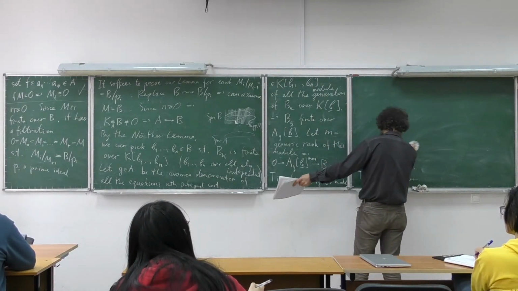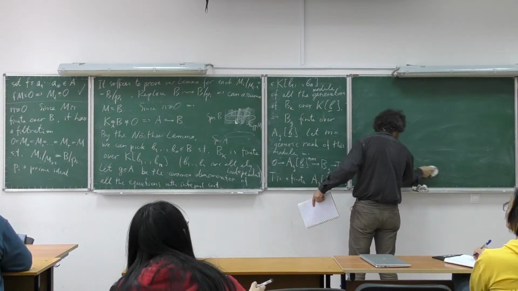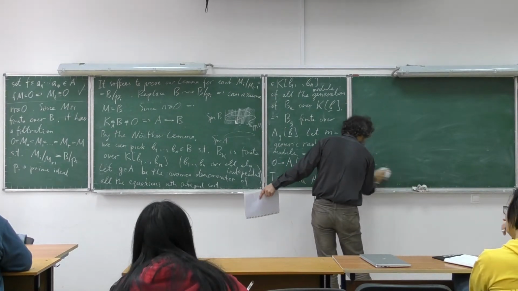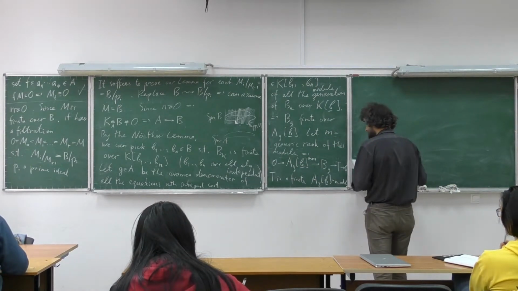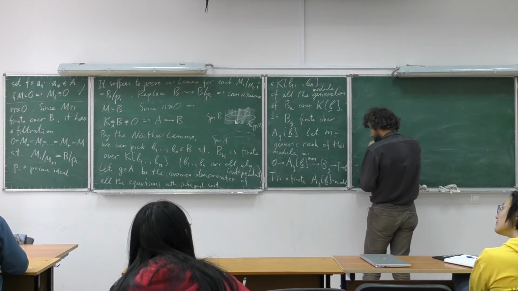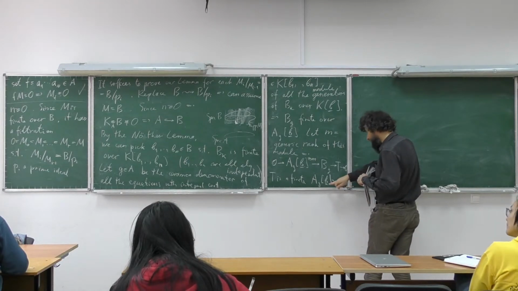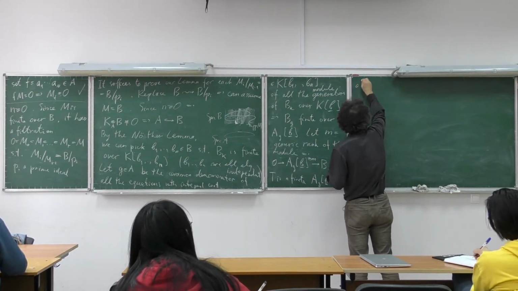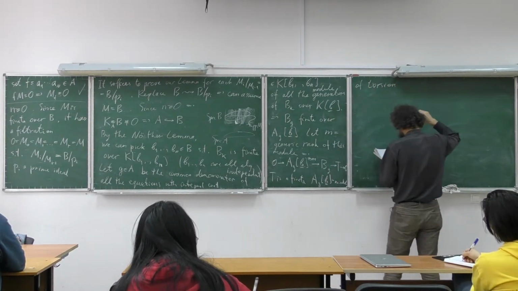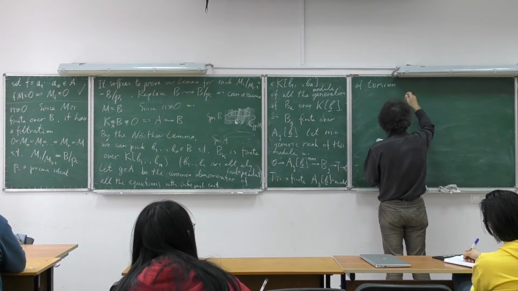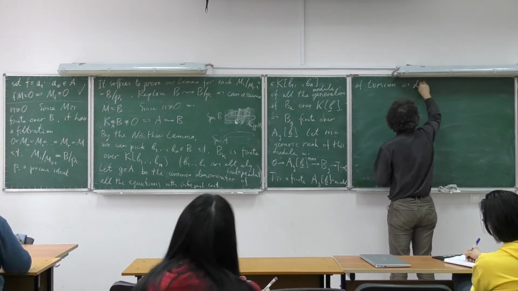And for this free module, it's already free, so nothing to prove. And so we are done by induction. So T is a finite module of torsion, and its support is smaller dimensional.